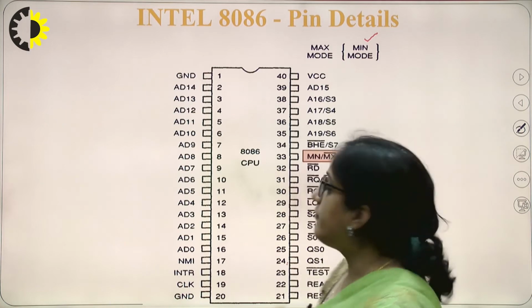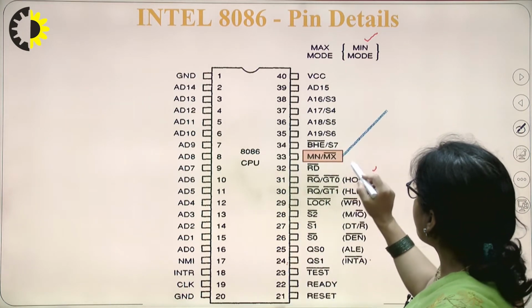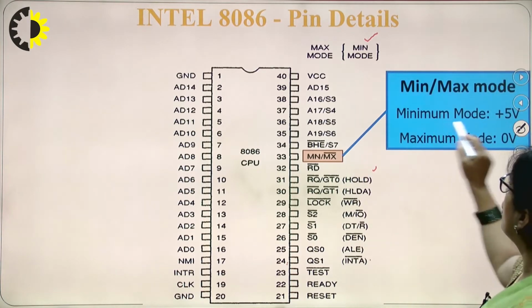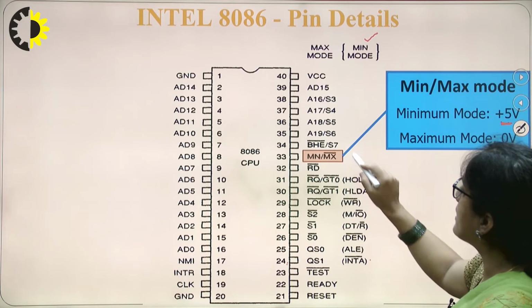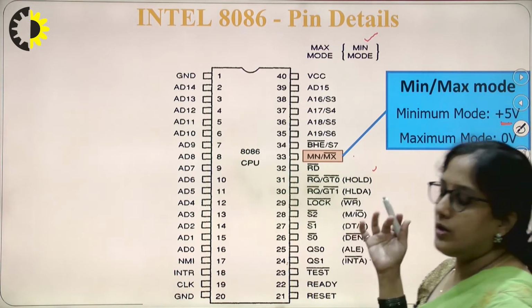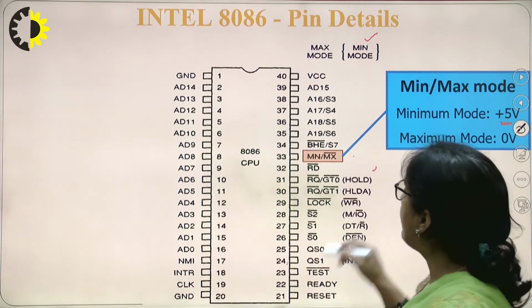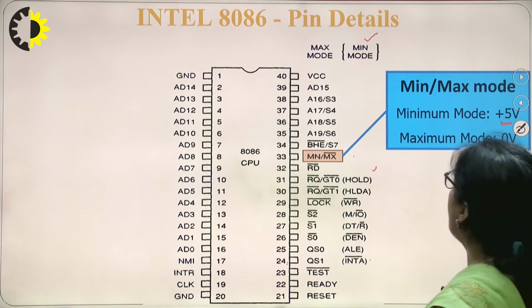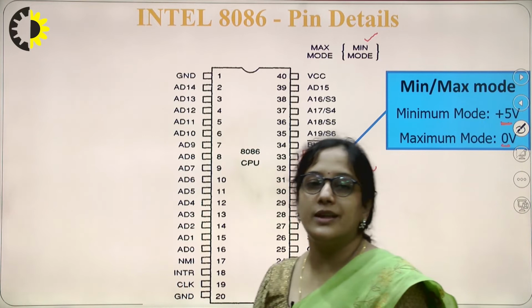For that we have pin 33. If pin 33 is connected to plus 5 volt, then this 8086 IC is working in minimum mode. And if this pin is connected to ground, that is MN/MX bar, then it is used in maximum mode.